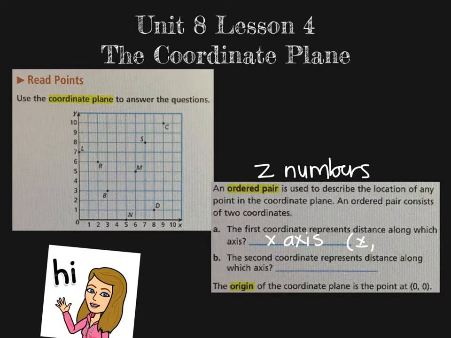Basically, you have to move horizontally before you can move vertically. So then the second coordinate in an ordered pair represents the distance along the y-axis, which is the vertical axis. So your points will basically be every time x, comma, y, corresponding to the numbers on each of those axes.